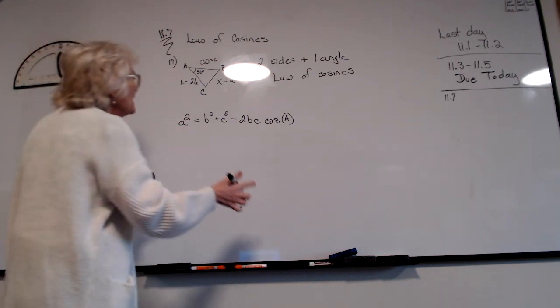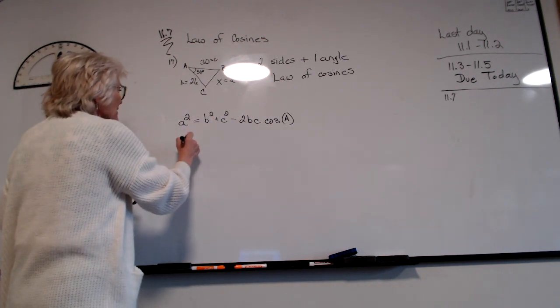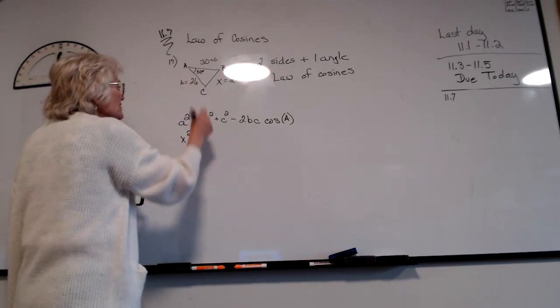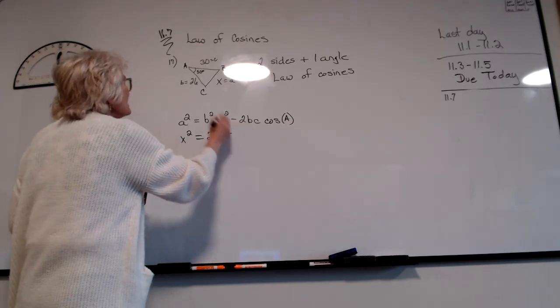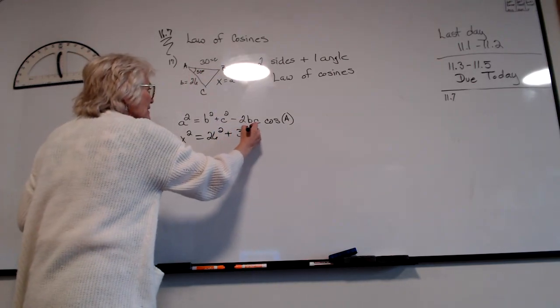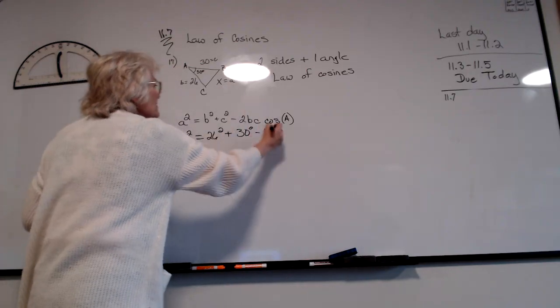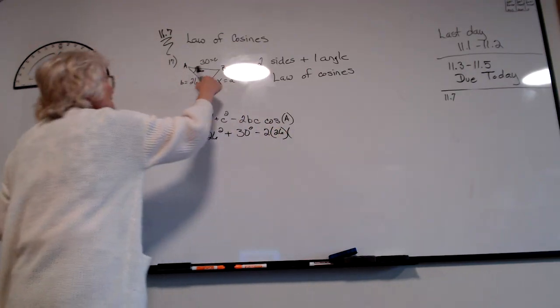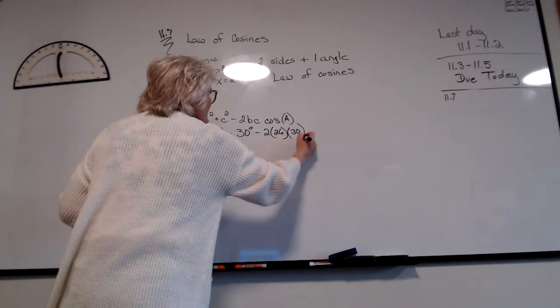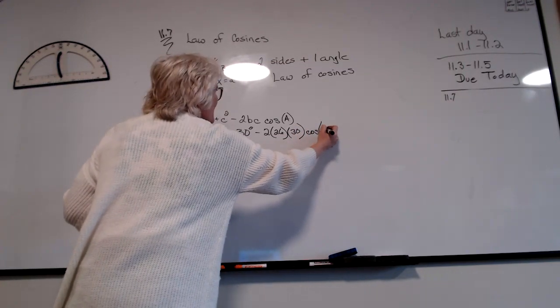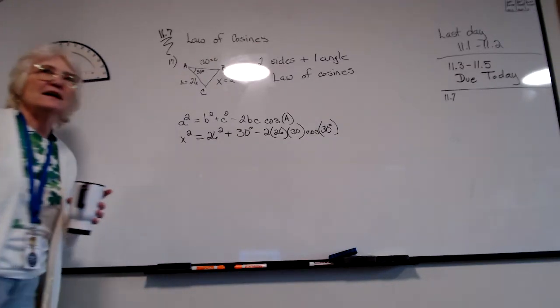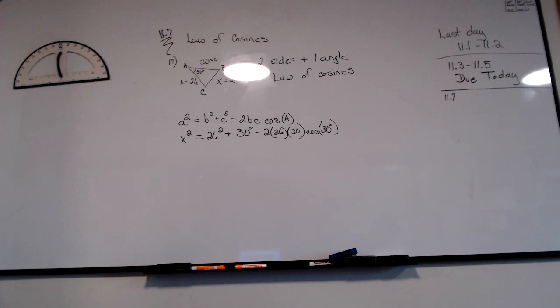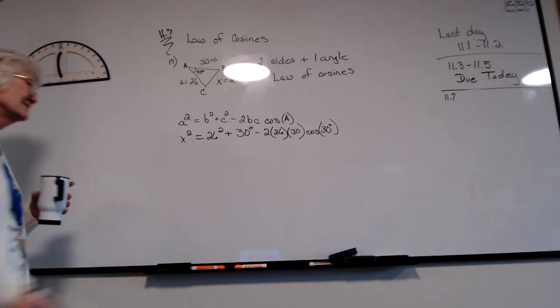Okay, now we can fill in. A is the same as x, so we get x squared equals b, which is 26 squared, plus c, which is 30 squared, minus 2 times b, which is 26, times c, which is 30, times the cosine of 30 degrees, because that's angle A. Okay. Now it's a matter of plug and play. You plug it into your calculator, and the calculator plays around with it and gives you an answer.